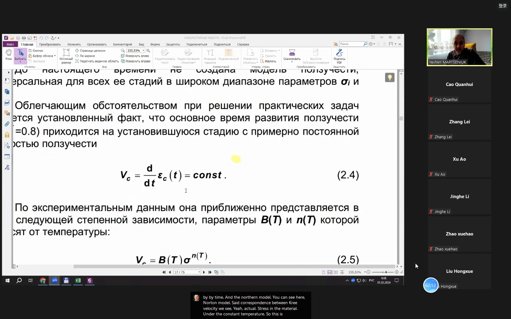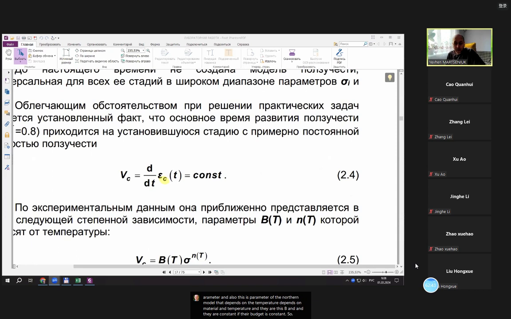So B is a parameter, a coefficient of the Norton model, and N is also a parameter of the Norton model that depends on material and temperature, and these B and N are constant if temperature is constant.